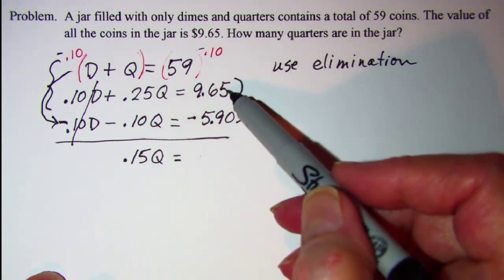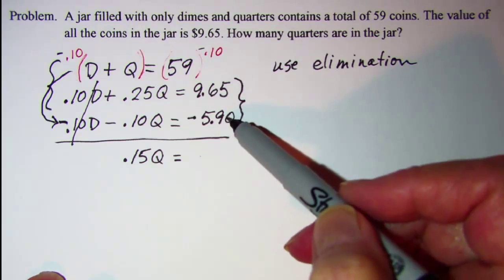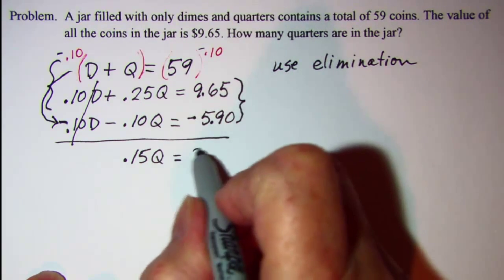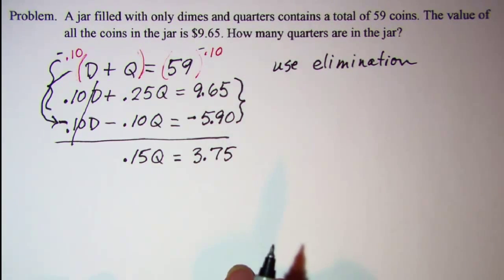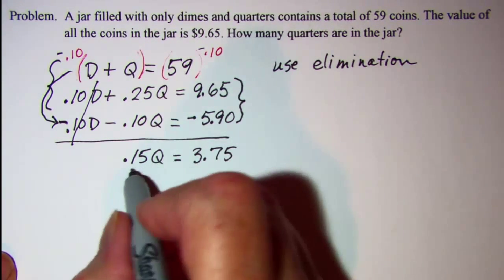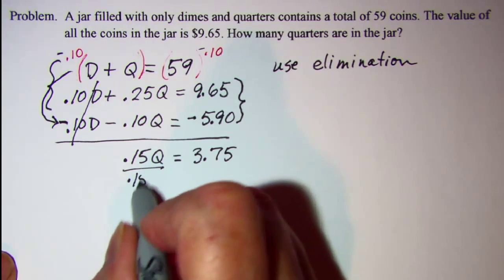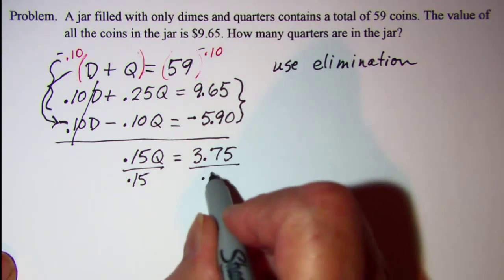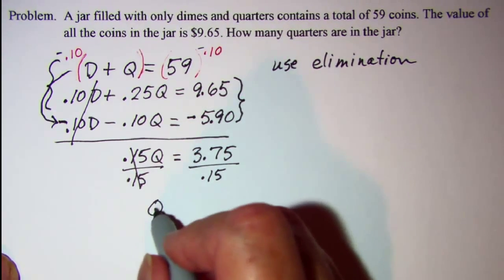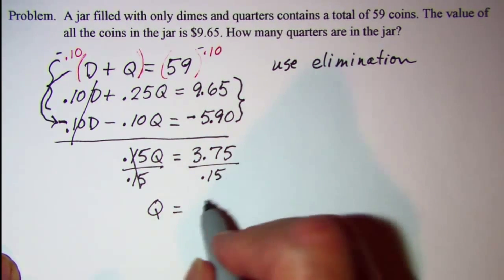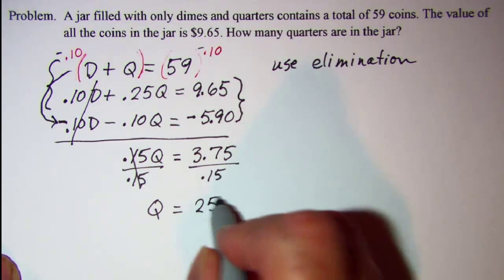And then 9.65 and a negative 5.90 is 3.75. Divide both sides by 0.15. And q is equal to 25.